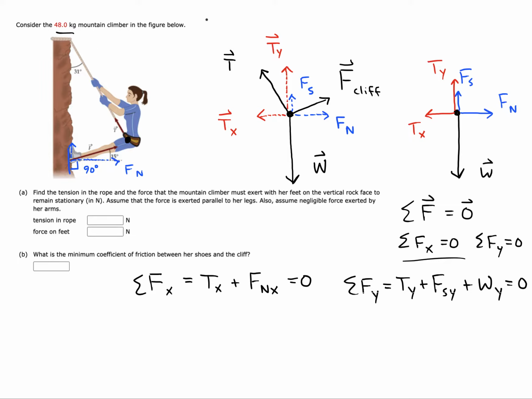They tell us her mass, so we can definitely find the magnitude of her weight. So her weight is going to be W equals mg, which is 48 kilograms times g, 470.4 newtons. So that's one thing we can plug in.